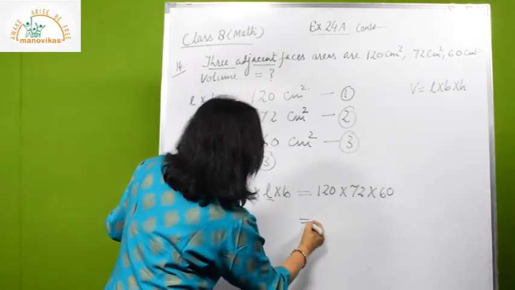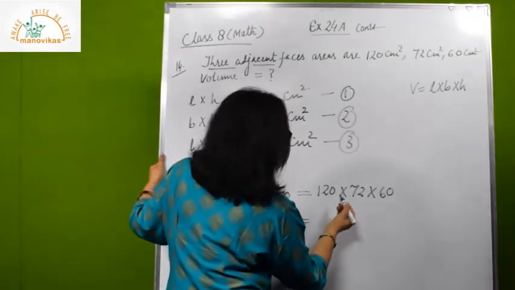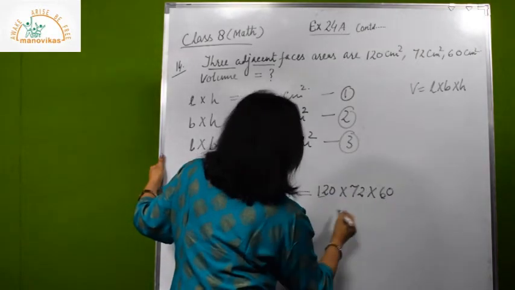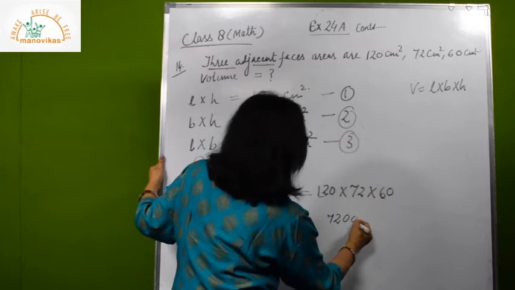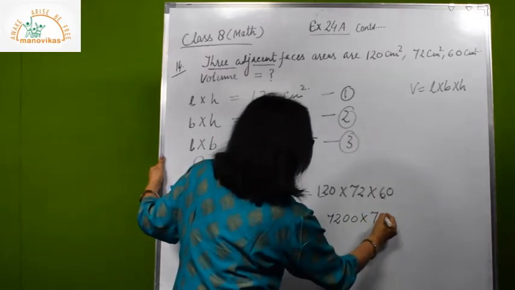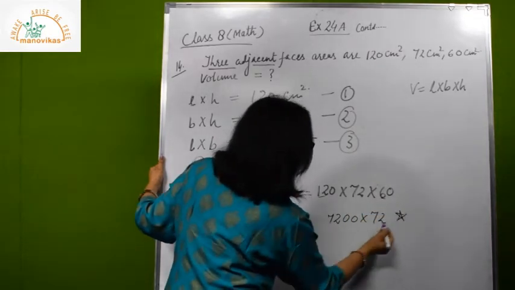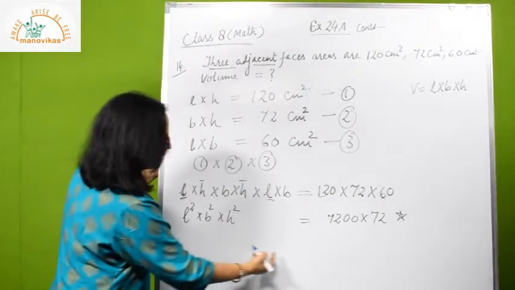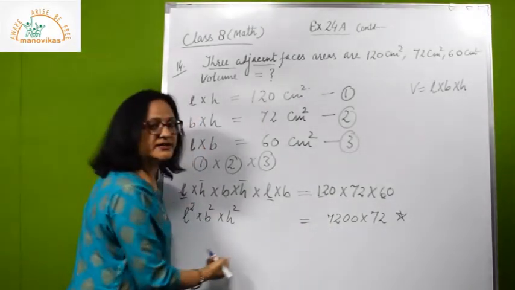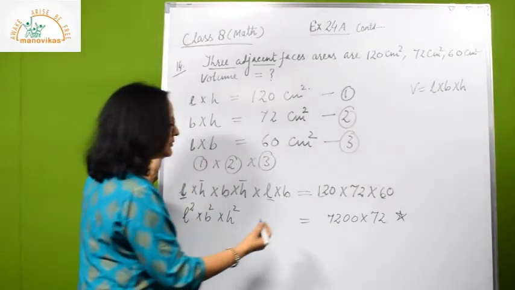Now multiply the right hand side. It's very simple. 12 6s are 72, multiplied by 72. Here I want to tell you, don't multiply this 72 and 72 because further you are going to take the square root. So this is the tip here.